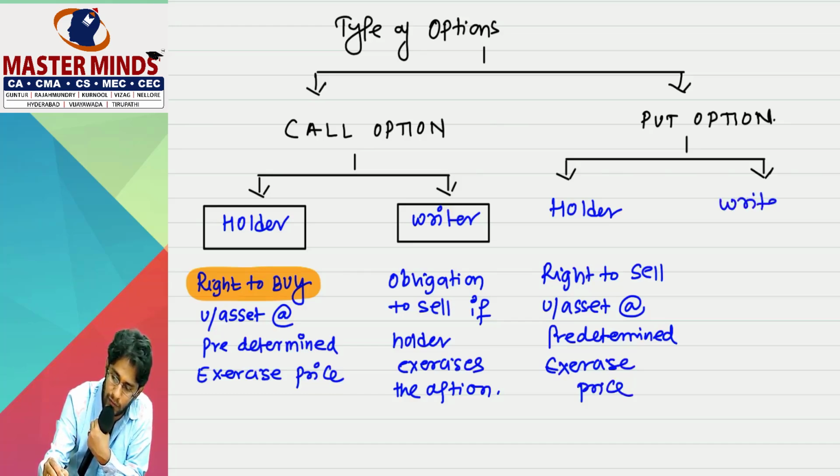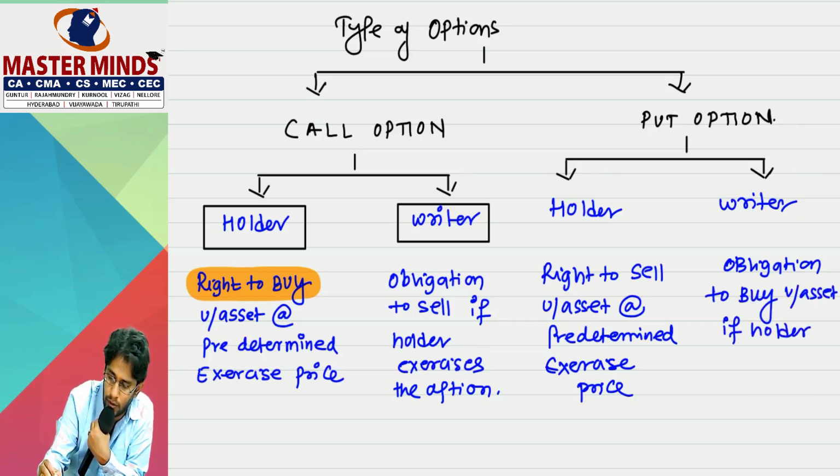So the writer of a put option will have an obligation to buy the underlying asset if the holder exercises the put.